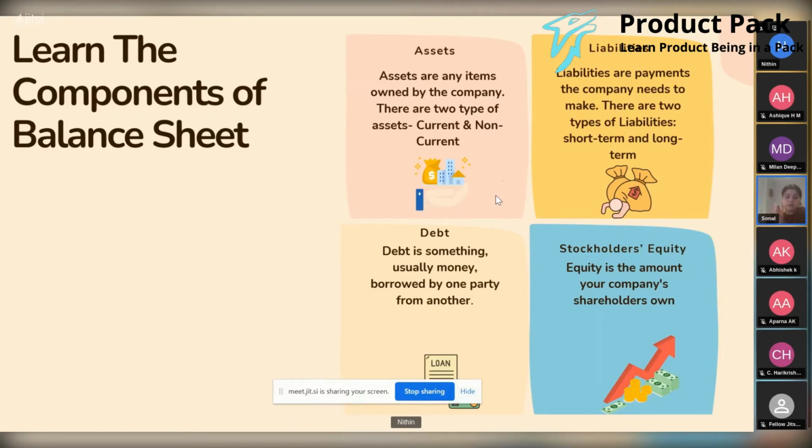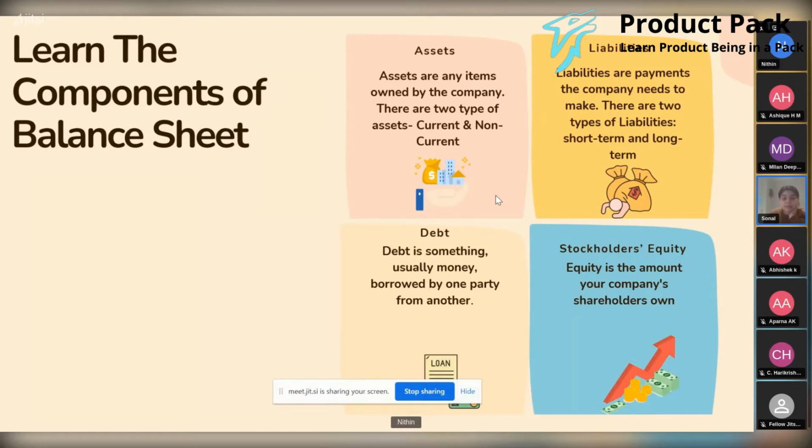So that is one thing that you should look for: what are the current assets of the company and what are the non-current assets? If these kinds of assets make up a lot more of the asset section, that means it's a bit of a red flag, because clearly the company cannot turn that into cash very easily if they need it to.